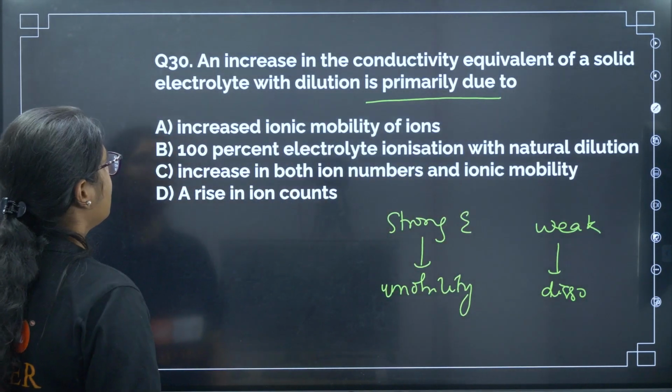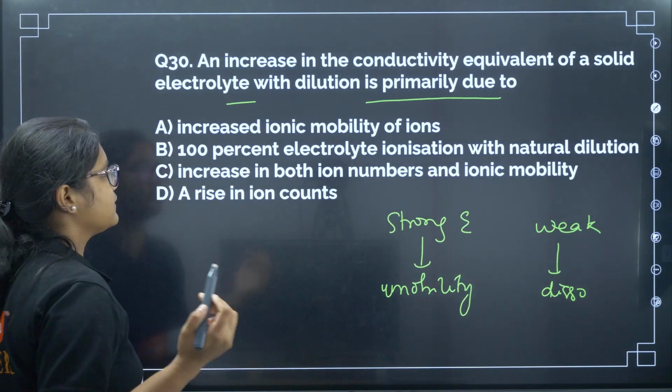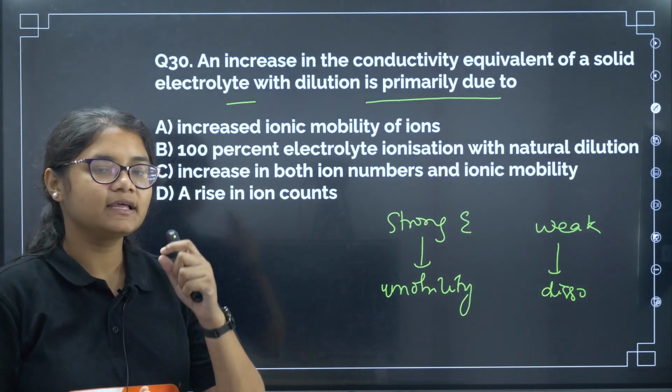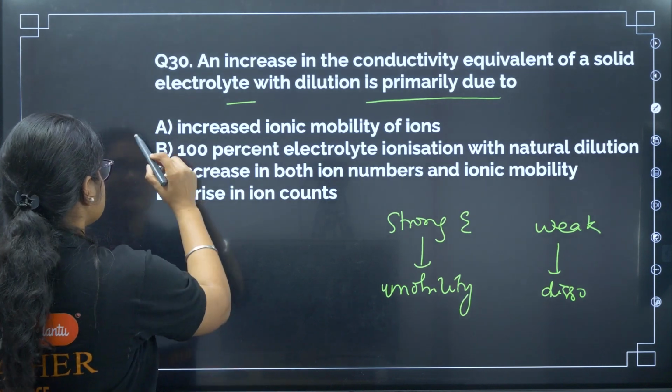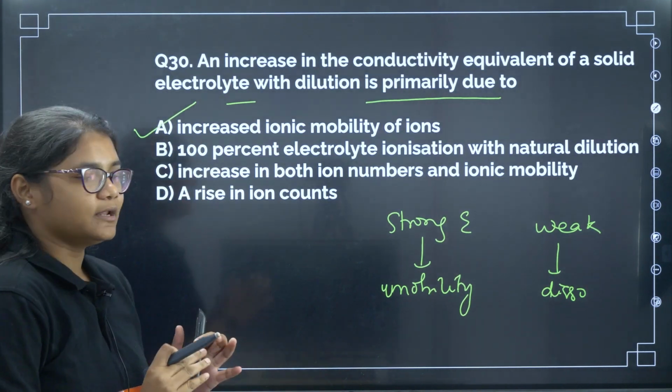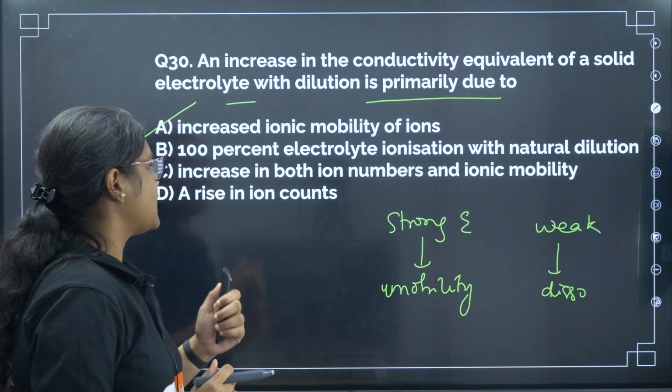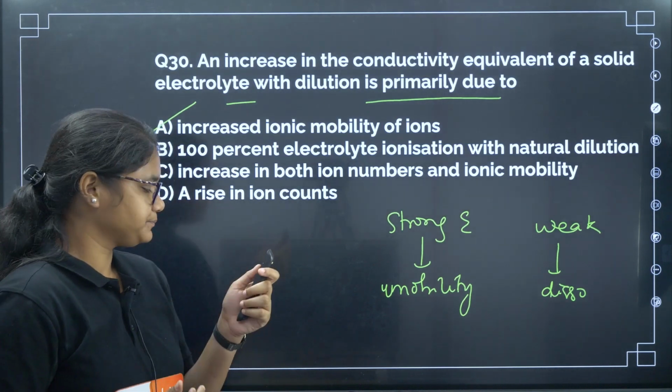So here, what happens when you dilute is that the mobility of the ions increases, and thereby the molar conductivity also increases. So the correct answer for this question will be option number A, increased ionic mobility of the ions.